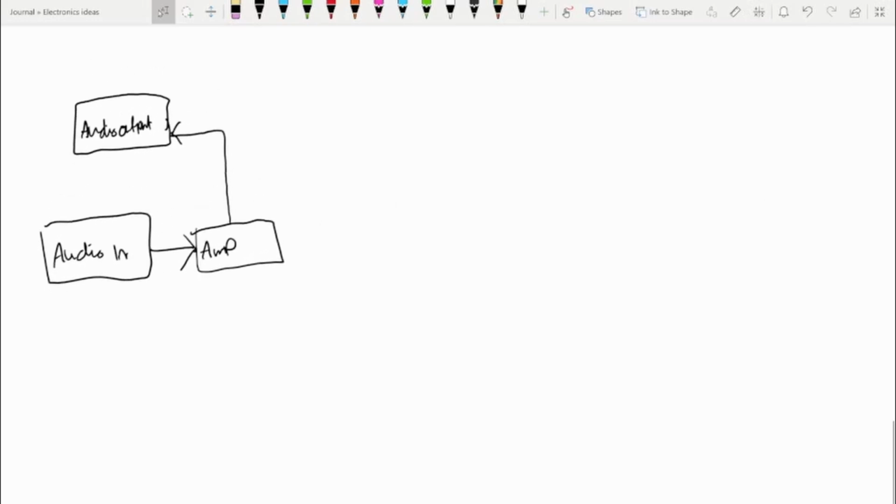Okay, so after the amplifier we go into a series of, I'm going to call these the splitters.